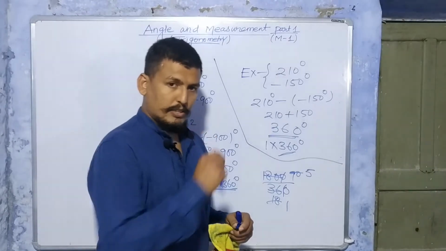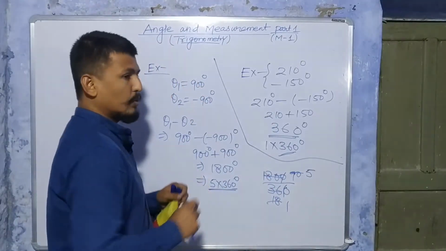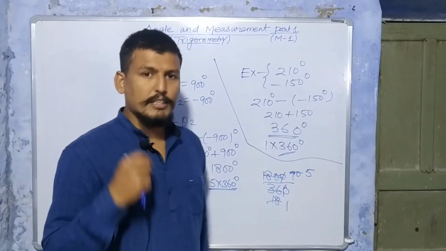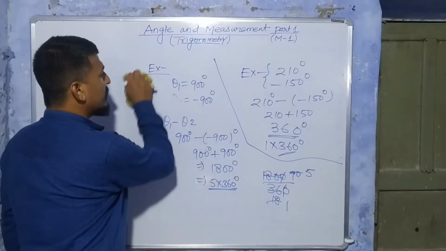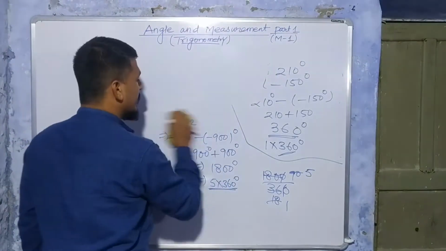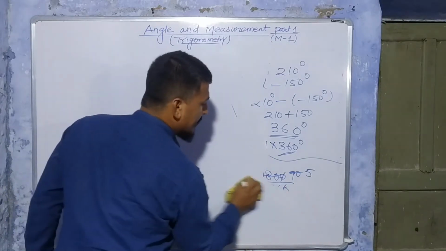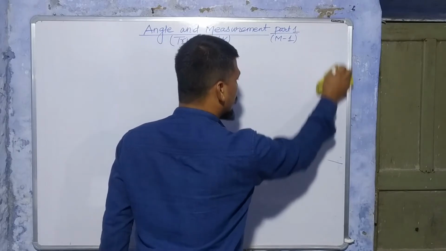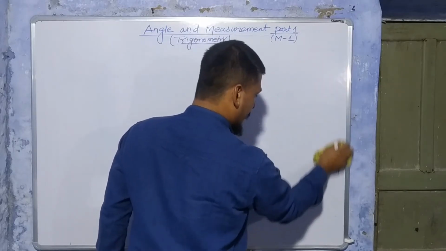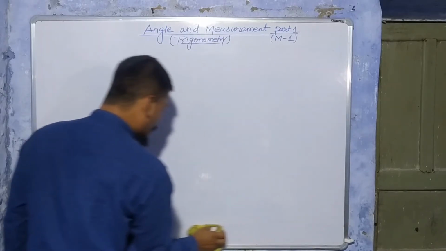Now in the second part, we'll discuss different units of measurement. Till 10th standard we have discussed that angle is measured in degrees, but from 11th and 12th we will introduce one more unit.